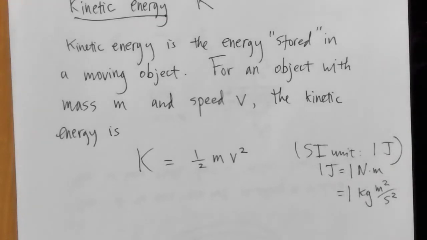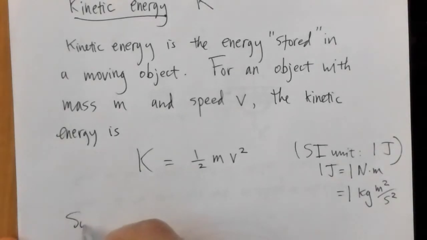One way to think about energy: if I were to throw this, there'd be some energy stored in the fact that it's moving with its mass. If I threw this with the same speed but it had more mass, it would have more energy. If I threw it harder, it would have more energy. Let's do a very simple calculation.